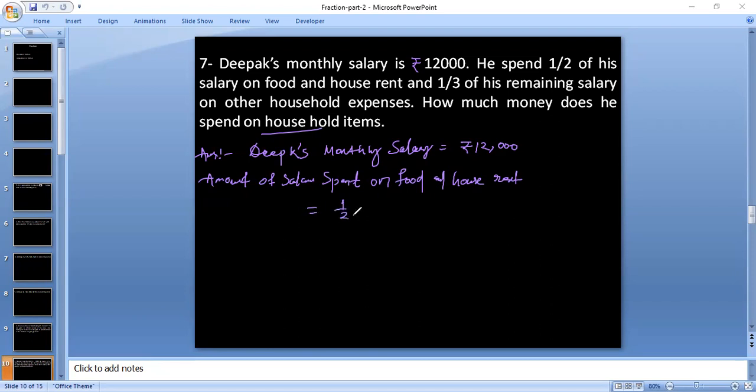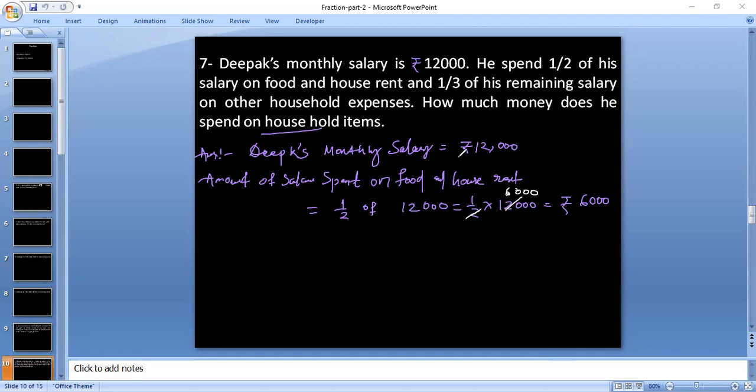That means 1/2 of 12,000 is equal to 1/2 into 12,000. It will be rupees 6,000. Divide 12,000 by 2 and it becomes 6,000. Okay, so next.